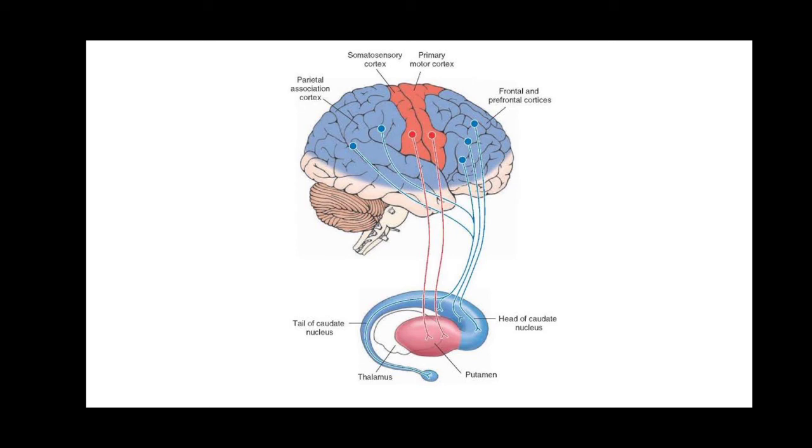So Parkinson's disease is all because of a problem in the regulation of motor movement, due to loss of dopamine secretion in this particular region.